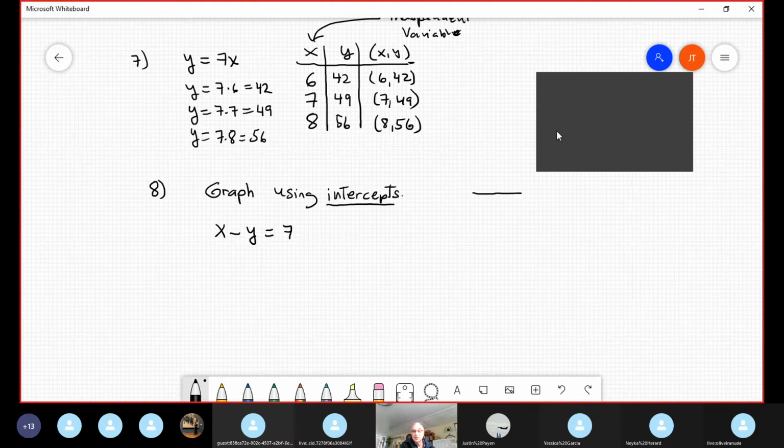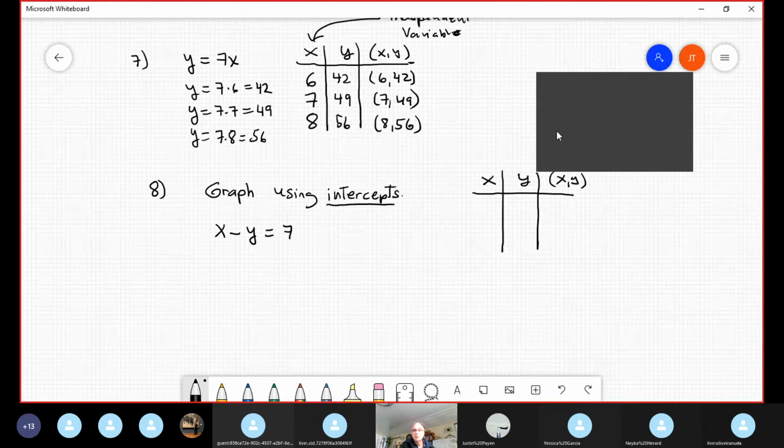You are doing the same table, x, y, and x comma y, but you put 0 here and 0 here. Because the intercept is the point where the line crosses the x-axis and y-axis. And at this moment, x is 0 for the y-intercept and y is 0 for the x-intercept.